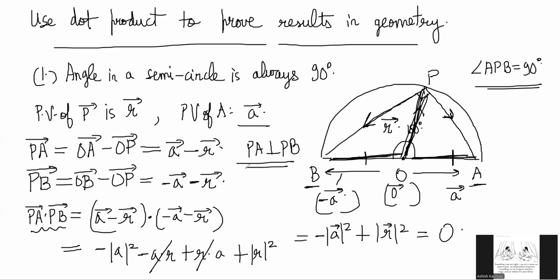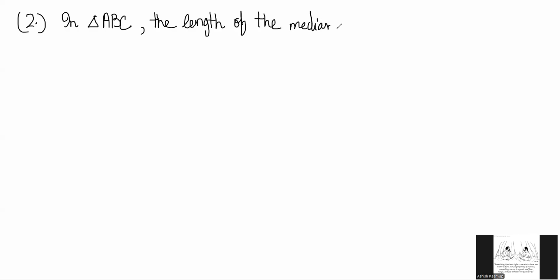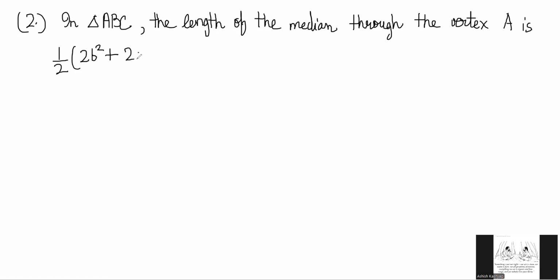Okay. Another thing that we can prove and show the application of vector ideas is: in triangle ABC, the length of the median through the vertex A is half of (2b square plus 2c square minus a square) to the power half.